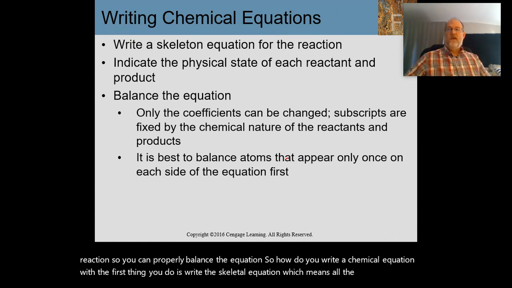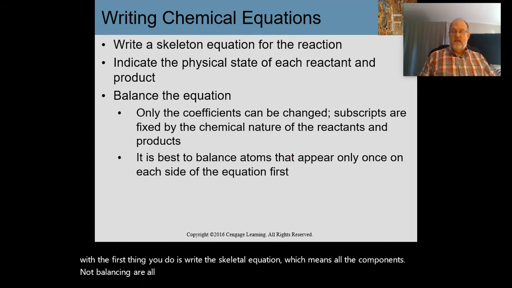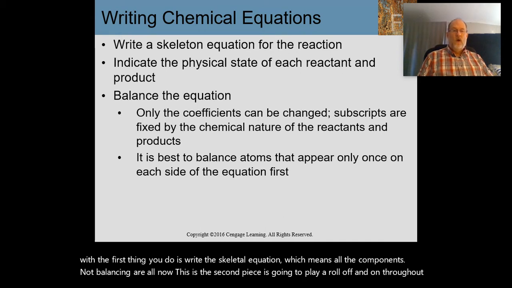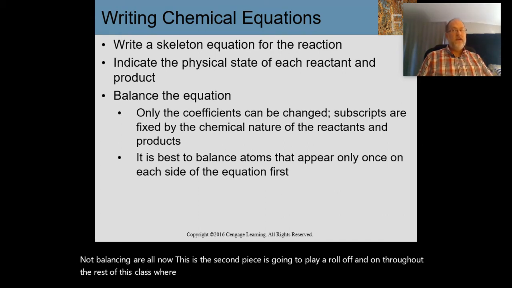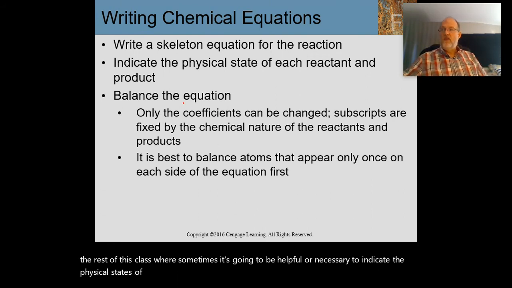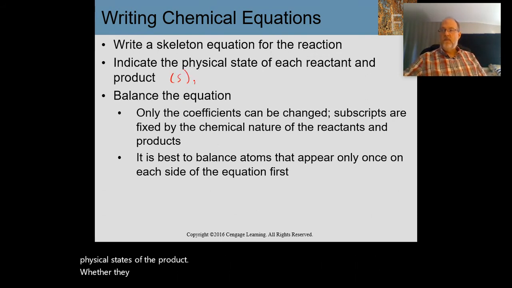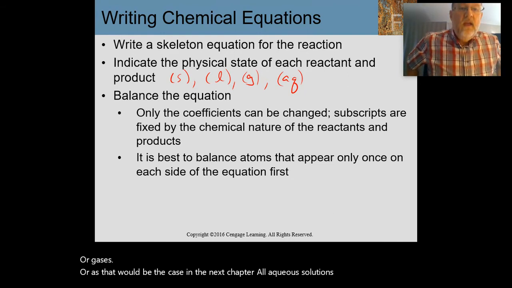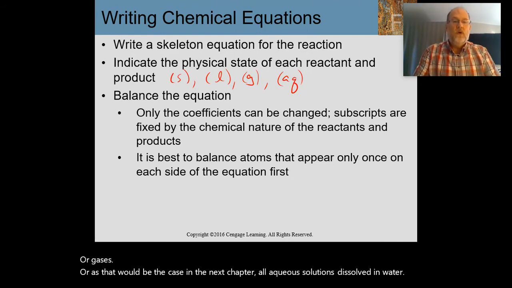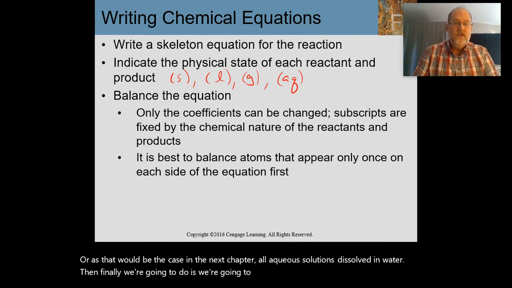The second piece is going to play a role off and on throughout the rest of this class, where sometimes it's going to be helpful or necessary to indicate the physical states of the substances, whether they be solids or liquids or gases, or, as is going to be the case in the next chapter, aqueous solutions dissolved in water. Then finally, we're going to balance the equation using coefficients.